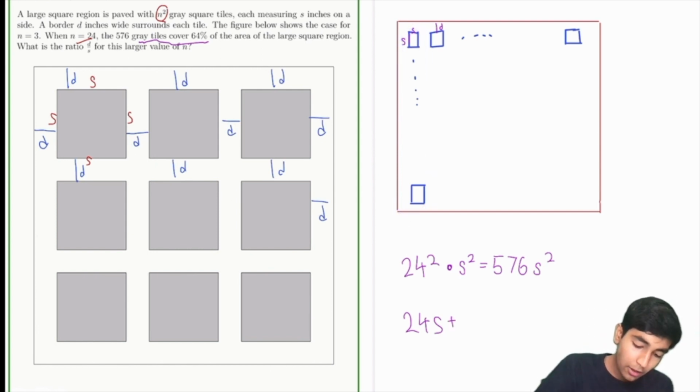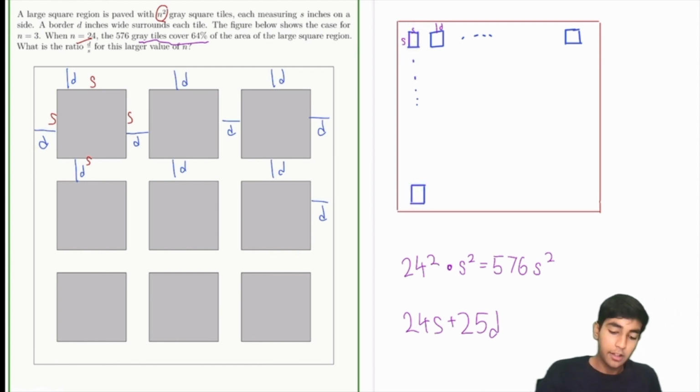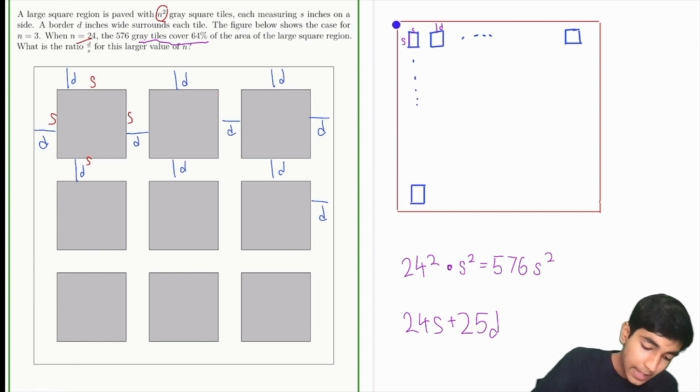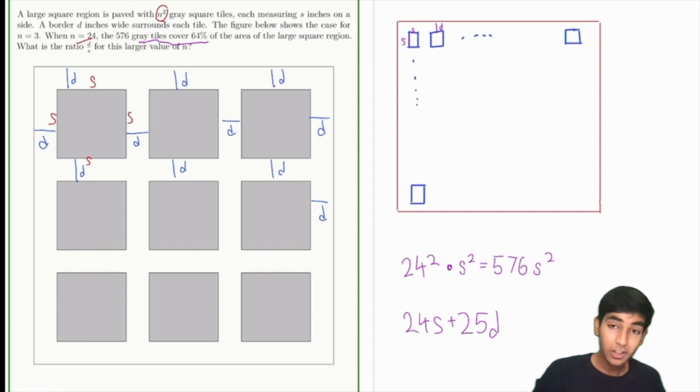So plus 25d. The reason this is true is because each of these squares has its own border, except for the final square, which will have 2 borders, one on each end. So there's 25 of these border lengths. So overall, the side length of the big red square is 24s plus 25d.